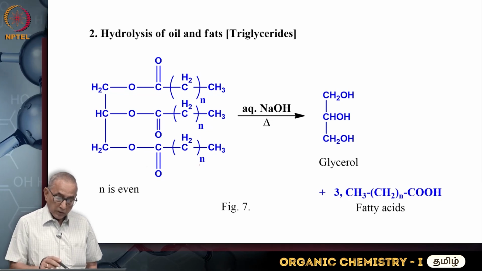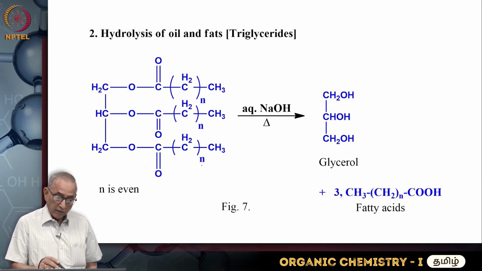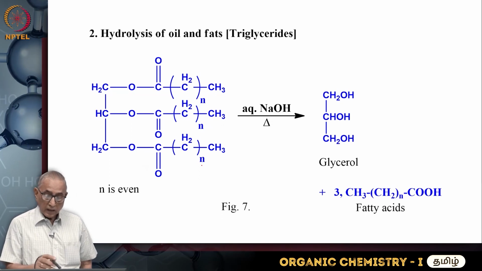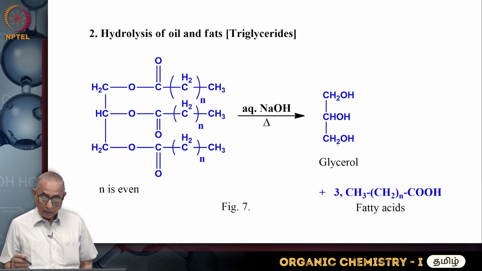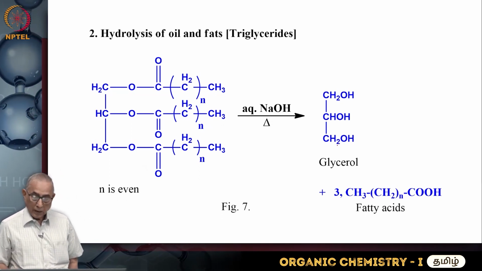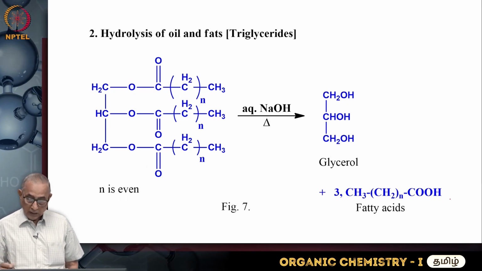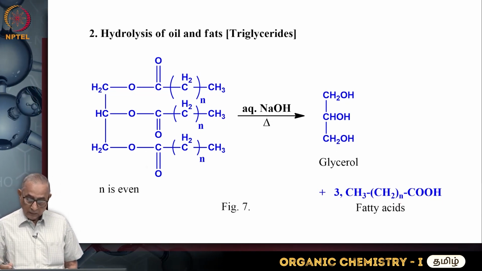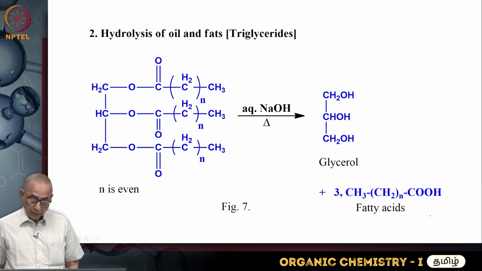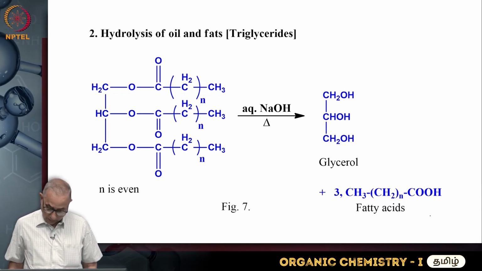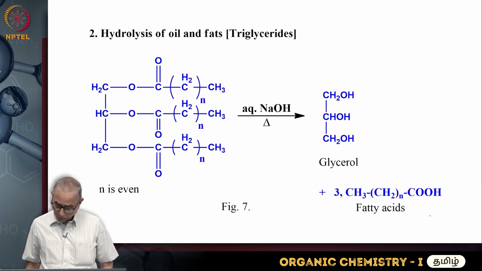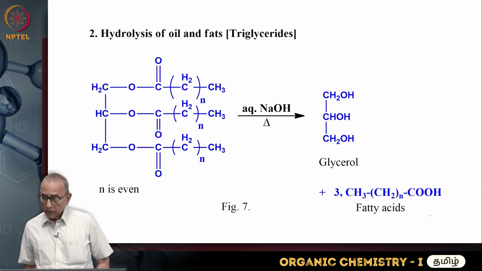CH3CO ரெண்டு போச்சுனாக்க இந்த CH2 groups are even numbered, and இதை hydrolyze பண்ணினால் you get glycerol. This is the byproduct. In the fatty acids, 3 molecules of fatty acid will be formed, CH3 (CH2)n COOH. இந்த fatty acids எல்லாம் they are very useful compounds, especially in the paint industry.